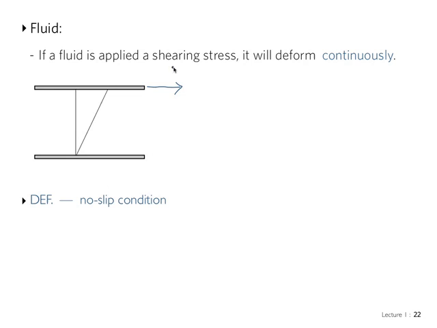The upper plate moves due to a load P. The distance between the two plates is B. And we have this line AB, which has rotated to the line AB prime by an angle delta beta.